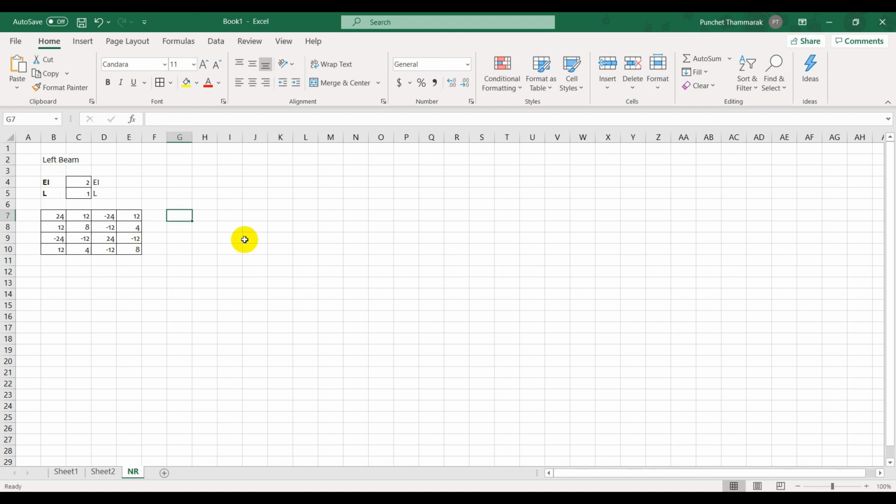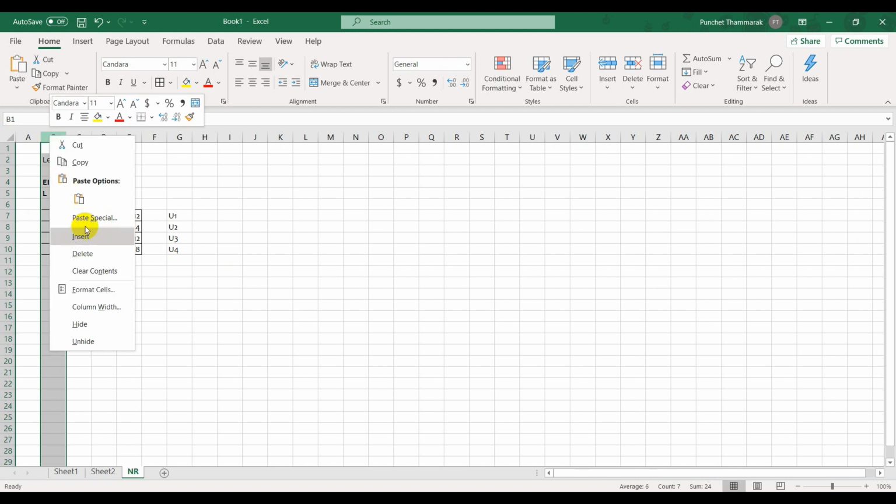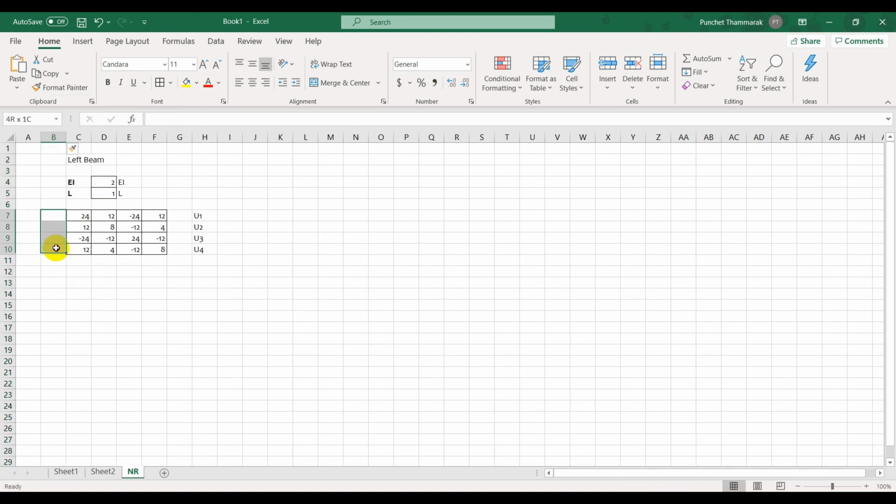That is multiplied by U1, U2, U3, U4. The top equation will be multiplied by the L to make it like a moment equation, and later on we take the over L outside as usual.